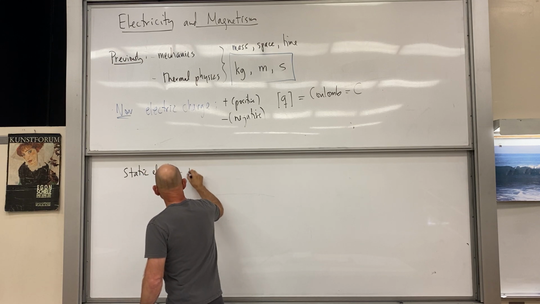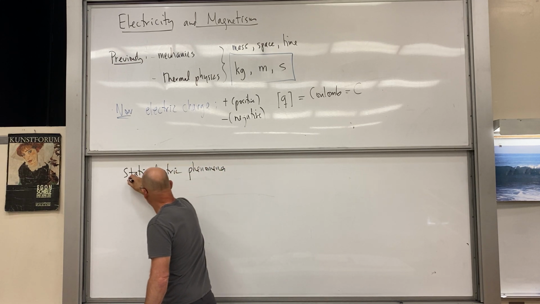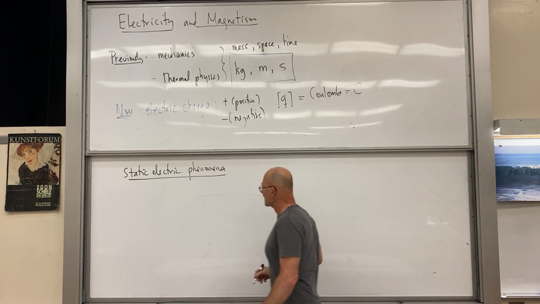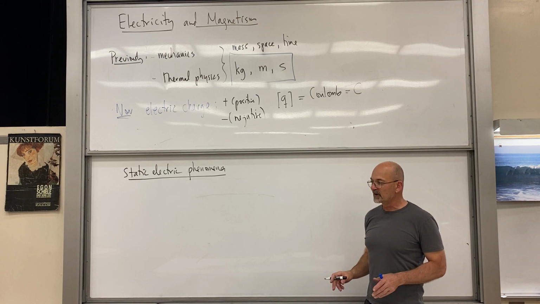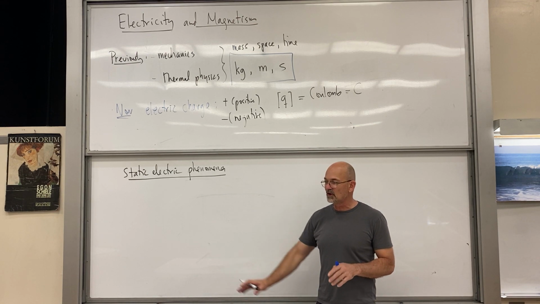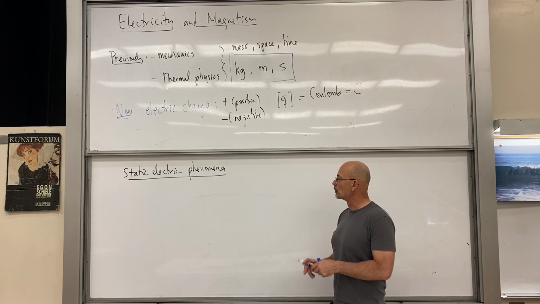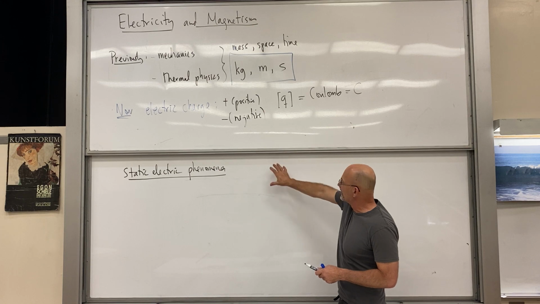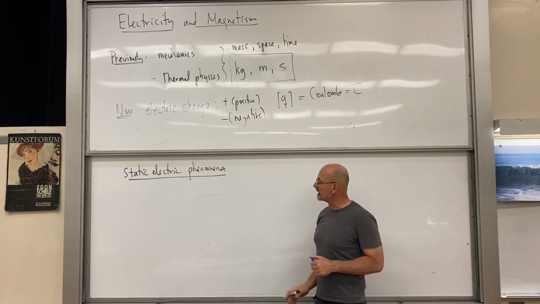So static electric phenomena, these are the little shocks and sparks that you experience when you pull off clothes, walk across a carpet and touch something. You could rub a balloon against the wall and then let go and it'll just hang there. Those are static electric phenomena.